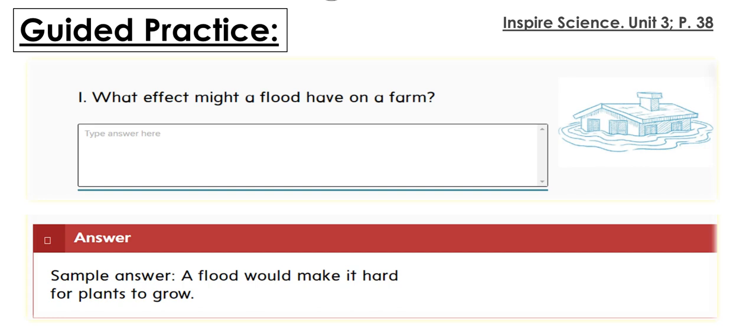Another answer could be, it would be hard for animals to live in a farm, or the animals would die, right? They might have drowned from the flood. So there are different answers that you could have given as an effect of a flood over a farm.